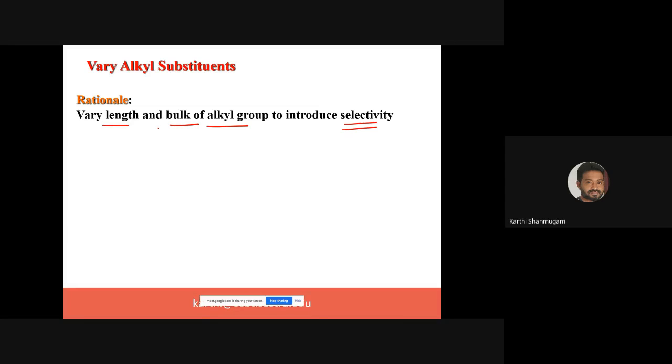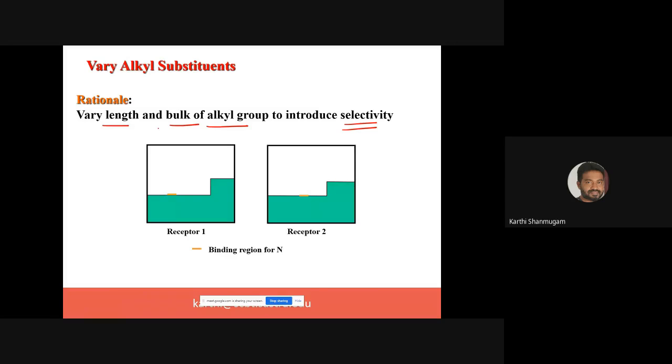I'm going to show one example. Here we have two receptors, labeled receptor 1 and receptor 2. Do you find any difference in the architecture of receptor 1 and receptor 2?